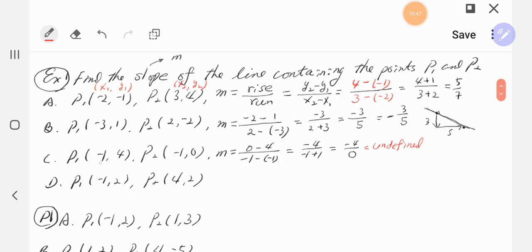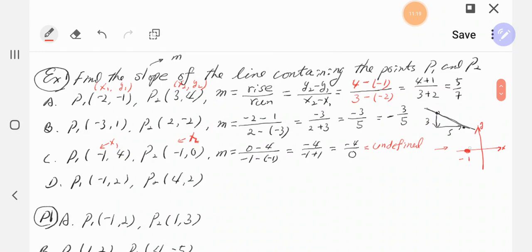So let's look at this. The x coordinate is, this is x1, x2. And x1 and x2 are the same. There are 2 points, but their x values are the same. Isn't it a vertical line? Look at this. This is x, y. Here is negative 1. So you have 1 point over here. Here's another point, negative 1 and 0.